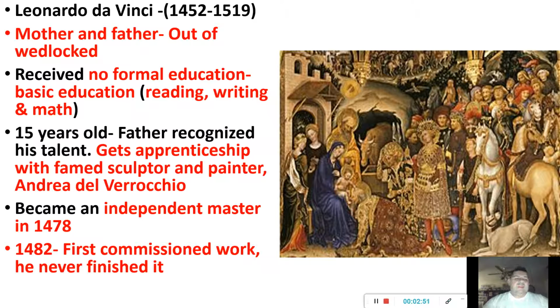Okay. Now, the thing is, Da Vinci didn't really receive any type of formal education, but he did learn the basics: reading, writing, simple math. And Da Vinci's father saw that he's pretty talented for a kid who has no formal education, doesn't know much about taking classes in art and stuff like that.